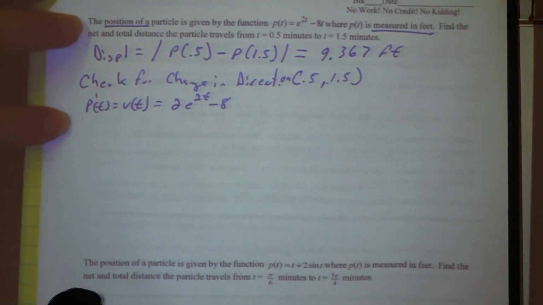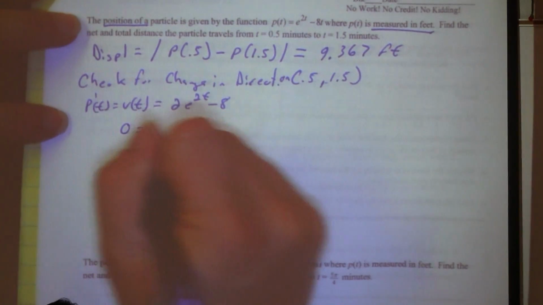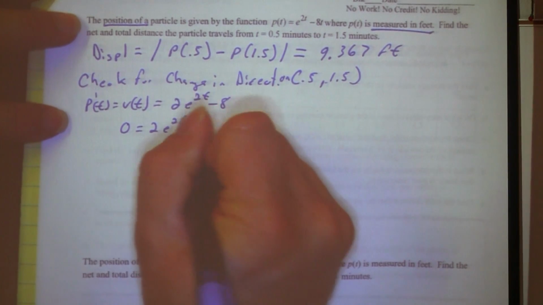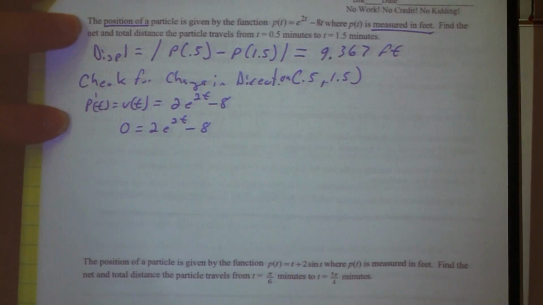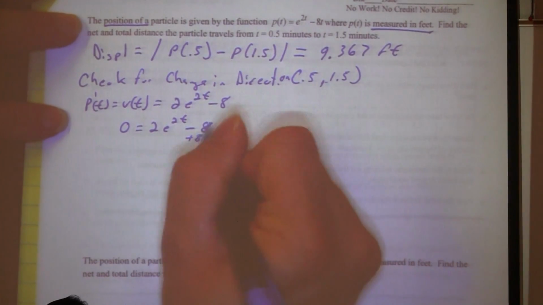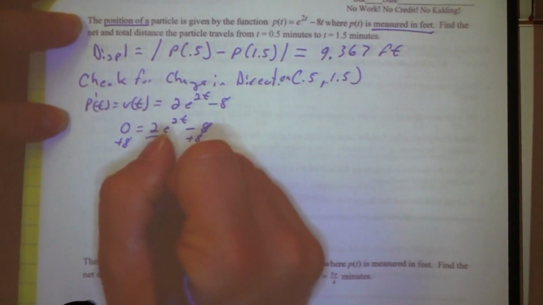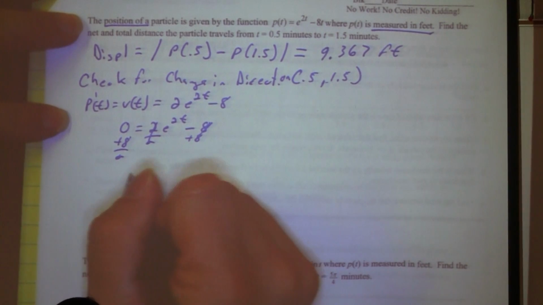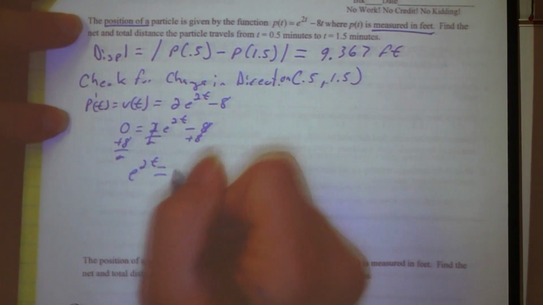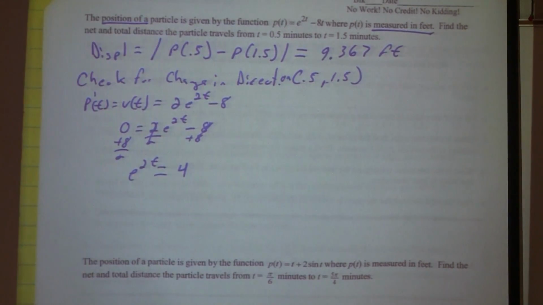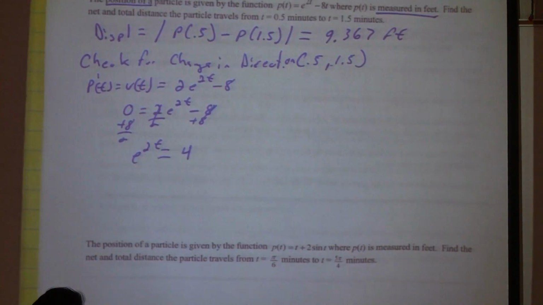Okay, and we're going to set that equal to 0 and see if we can do that by hand up to a certain point, and then do it on the calculator. So we would say plus 8, right? Divide by 2. So we get e to the 2t is equal to 4. Okay, so I can't go any further than this.